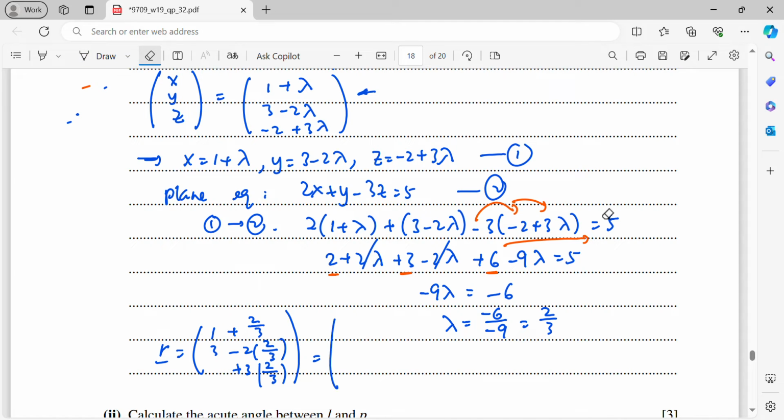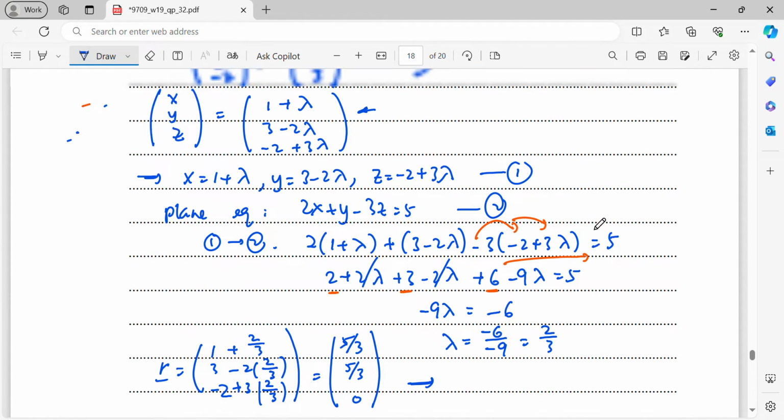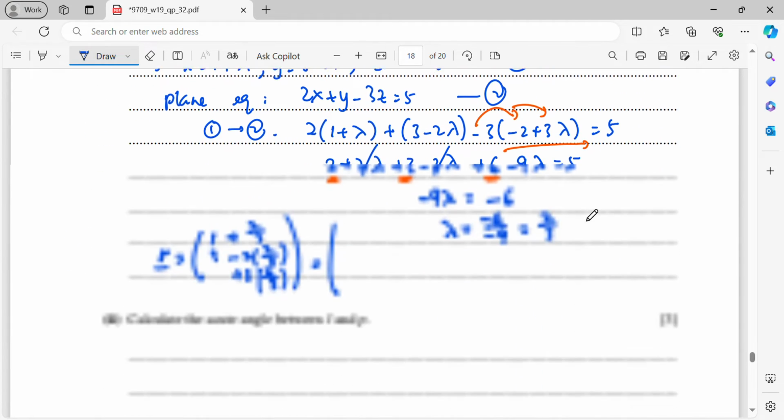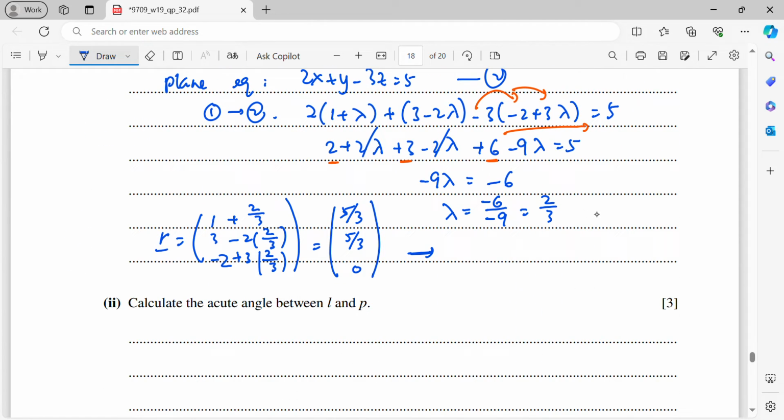Then this is going to be 5 over 3, and then 5 over 3, and then here is 0. So now the intersection point, the question is asking for position vector. So position vector equals 5 over 3 i plus 5 over 3 j. Okay, so that's the solution of this question.